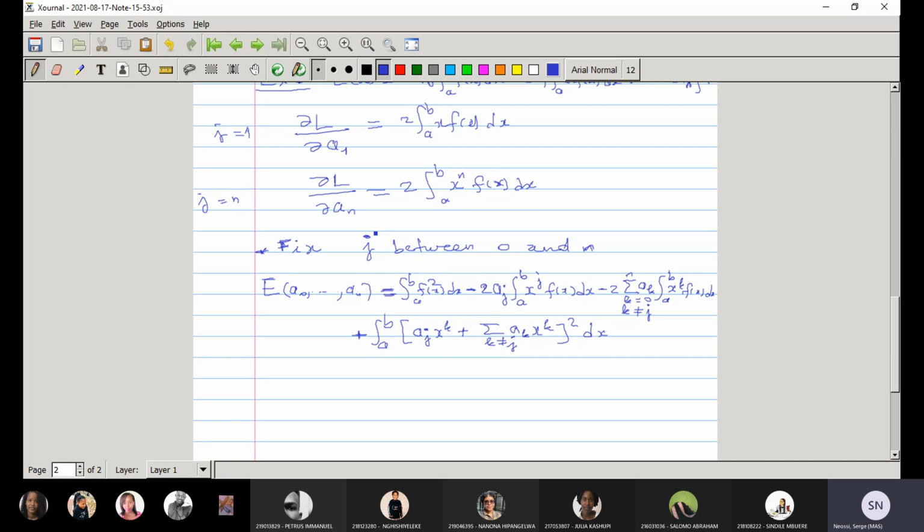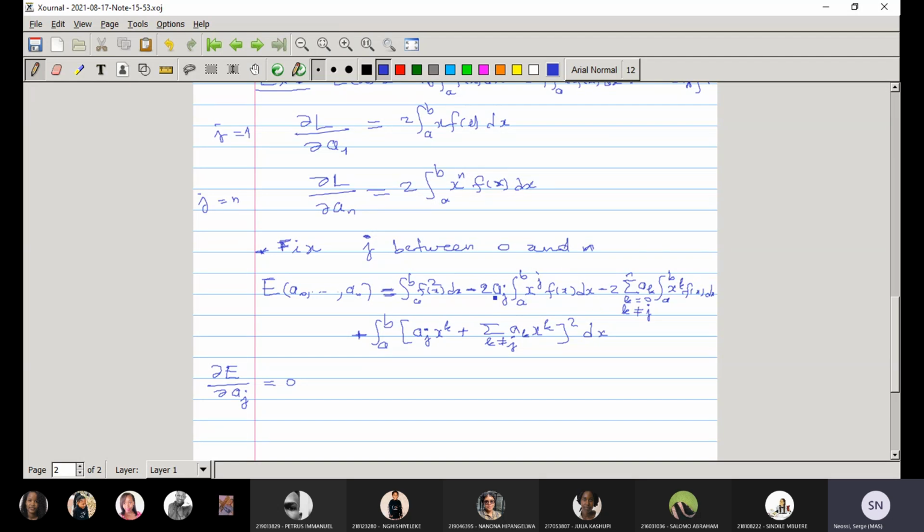Now, if I differentiate with respect to this fixed j, if I differentiate this with respect to my fixed aj, you agree with me that this one does not depend on it. So if I differentiate, it will be 0. Now, this one, this is my variable aj. This is a constant term.